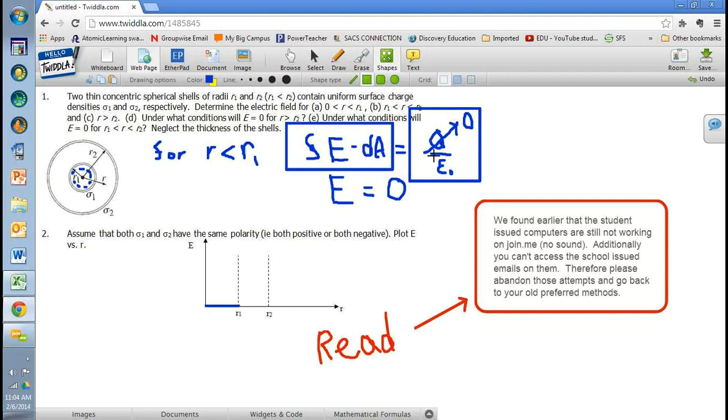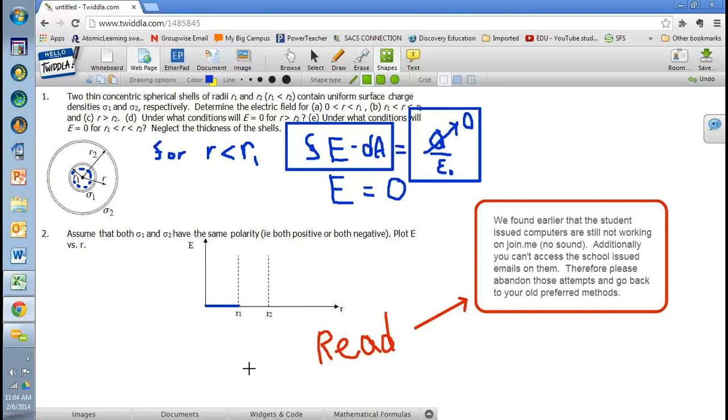On the right-hand side, how much charge is enclosed by the dotted line? Zero. Yes, so the E field has to be zero, and when we plot this, we simply have a flat line there. Any questions about that first part?